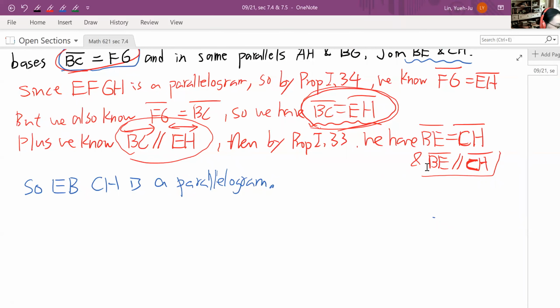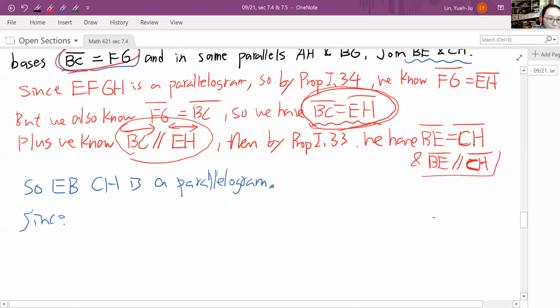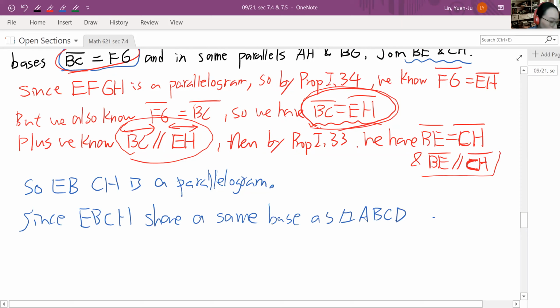So, since EBCH shares the same base as parallelogram ABCD, right?